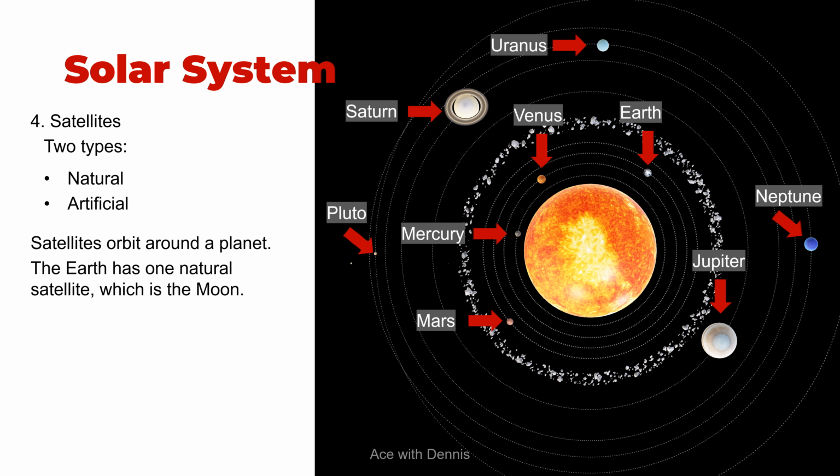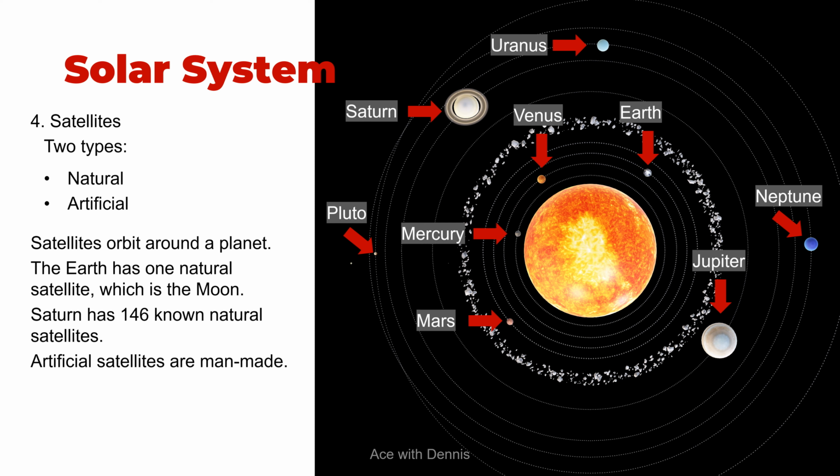For example, the Earth has only one natural satellite, which is the Moon, while Saturn has 146 natural satellites, and there may be more than 146, which haven't been discovered yet. How about artificial satellites? Artificial satellites are man-made. Currently, there are 9,494 active satellites in various Earth orbits.